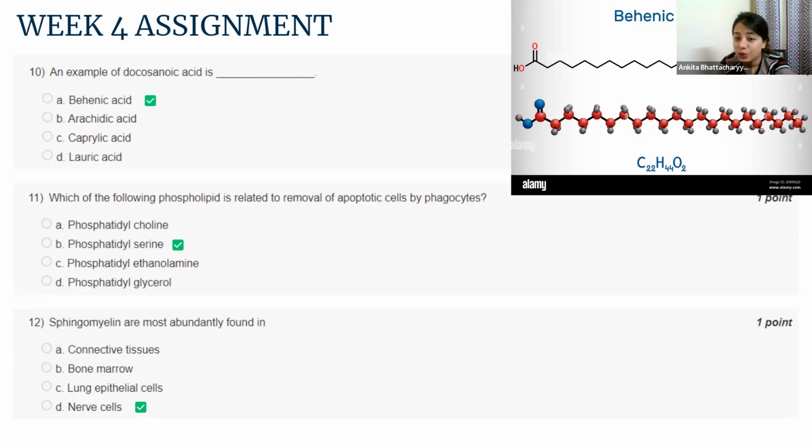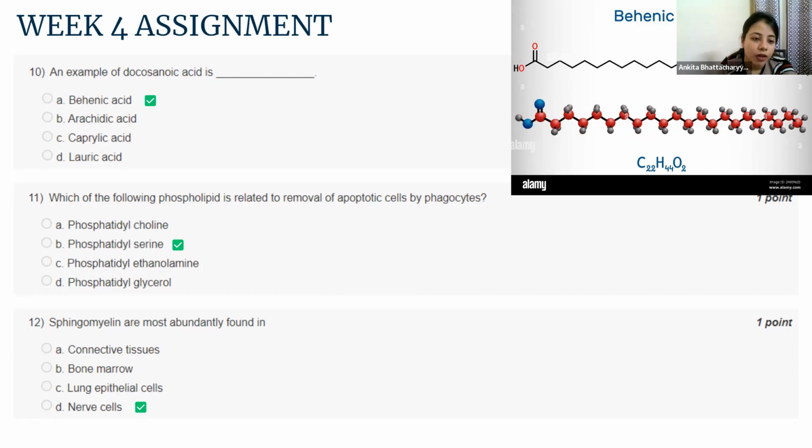It has 22 carbons, which you can see from the figure on the right. It's a huge, really long carbon chain, and it's a saturated structure as well. So that's behenic acid on the right. You do not see any double bonds or triple bonds present here, so it does not have any unsaturation.